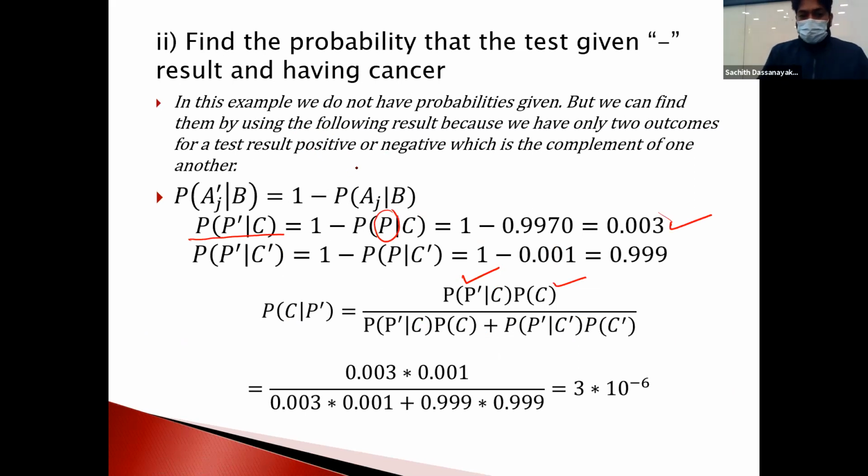Then go back to the denominator part. Yes, we have the same P, so no problem with that. This part, do we have P dash given C dash? No. But again, you can apply 1 minus for that. Probability of P dash given C dash equals 1 minus probability of P given C dash.